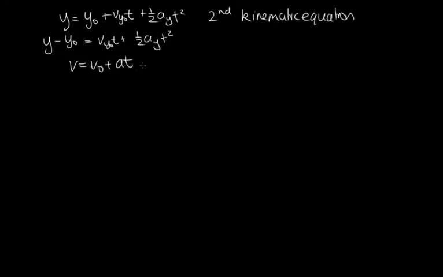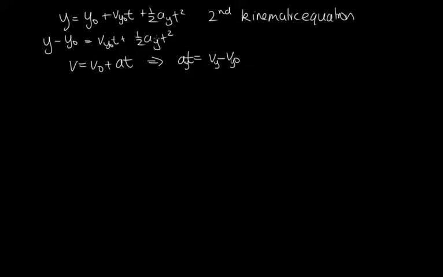We can rearrange this to tell us that at is equal to v minus v naught. So we're going to replace this ayt with v minus v naught. The y subscript just tells us that that's the acceleration in the y direction, so we can give this a subscript y and y naught as well.